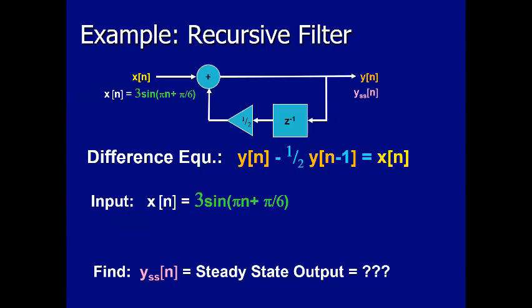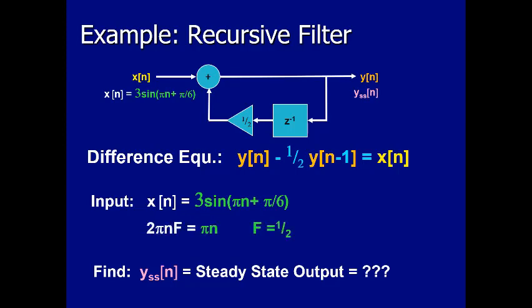What's coming out? Notice this isn't a sine with a u of n after it. It's one that we turned on a long time ago, and we're continuing to drive with this sinusoidal waveform. So the steady state response we're getting is like a forced response of the system to this particular input.